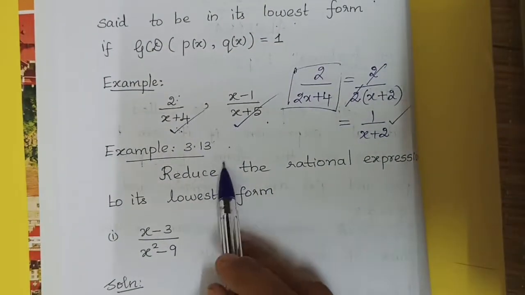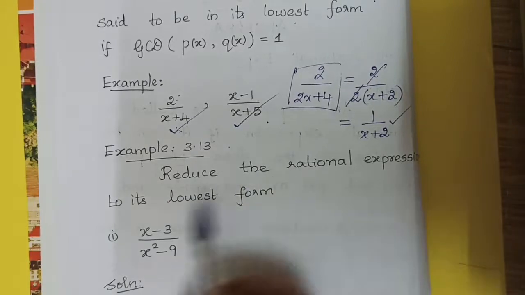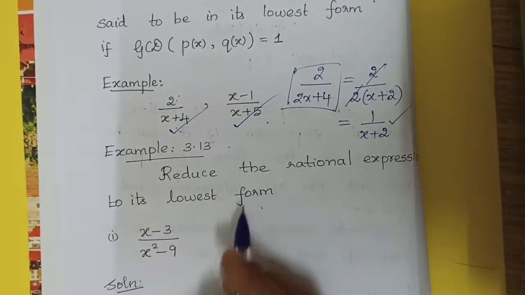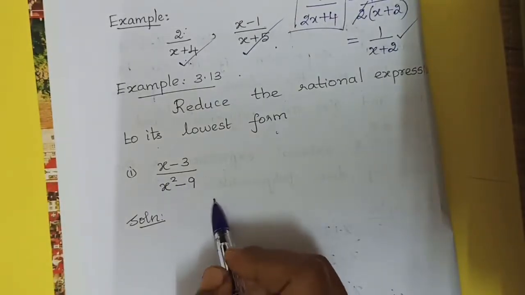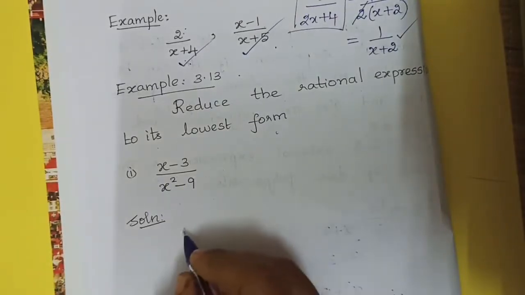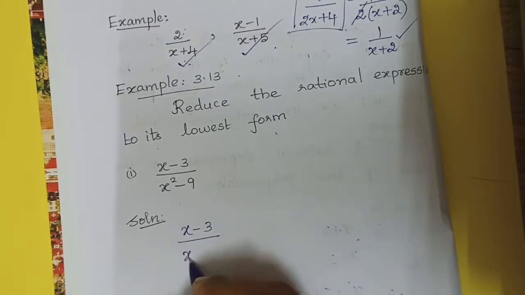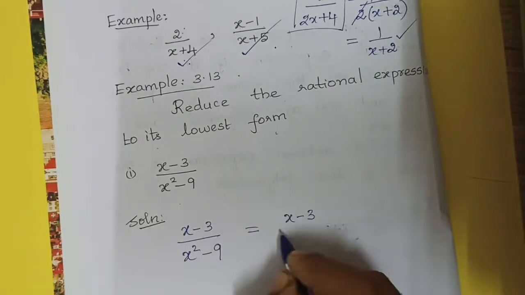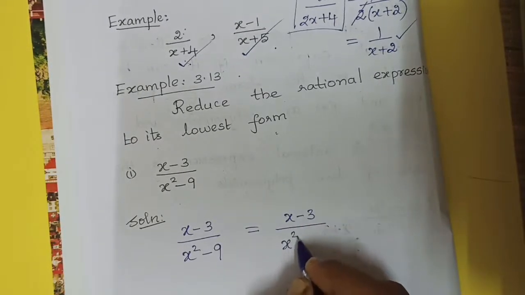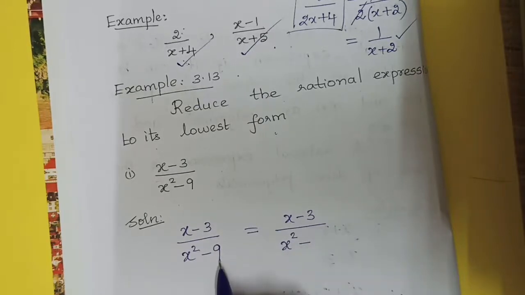Example 3.13. Reduce the rational expression to its lowest form. Shall we do it now? So x minus 3 by x square minus 9. Solution. First I am writing the question: x minus 3 by x square minus 9, which is equal to x minus 3 divided by x square minus 9.